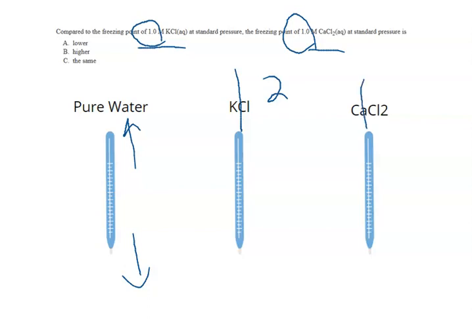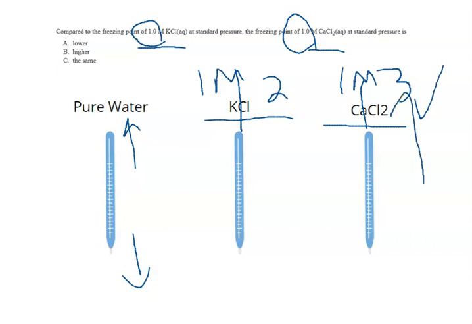Calcium chloride, when this splits, you're going to get a total of 3 moles of ions for every 1 mole of calcium chloride. If this is 1 molar and this is 1 molar, the concentration is the same, so we're only looking at the number of particles, in this case ions, and calcium chloride is the winner. It is going to raise the boiling point and lower the freezing point more than the same concentration of KCl. So the freezing point is lower.